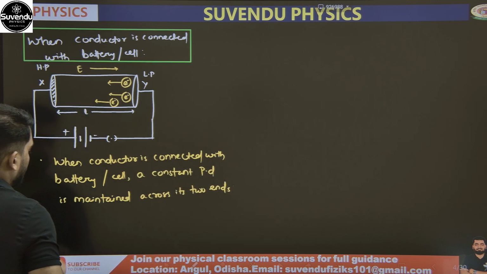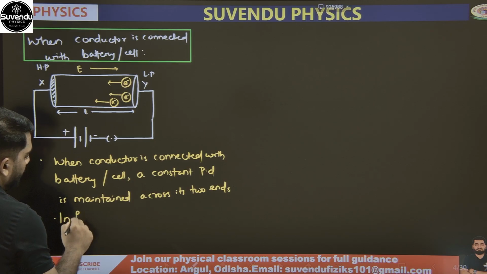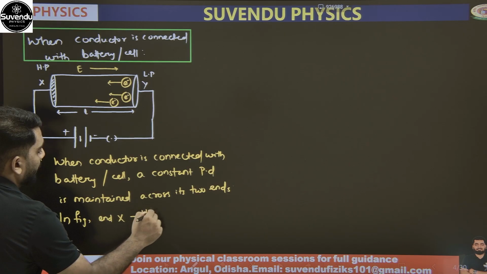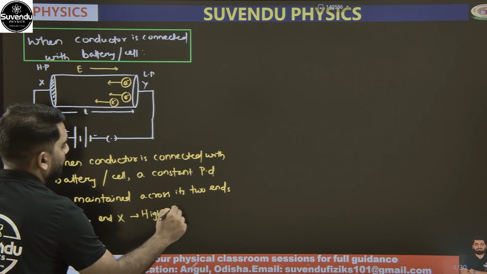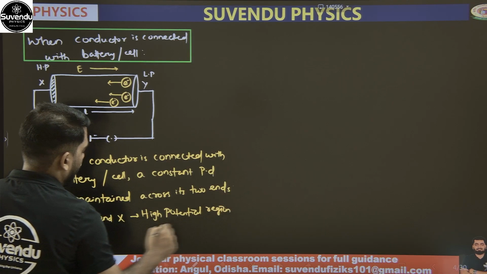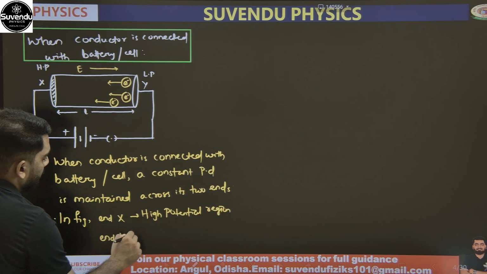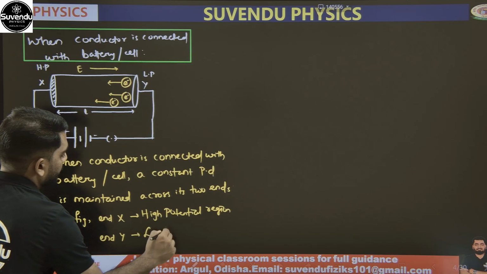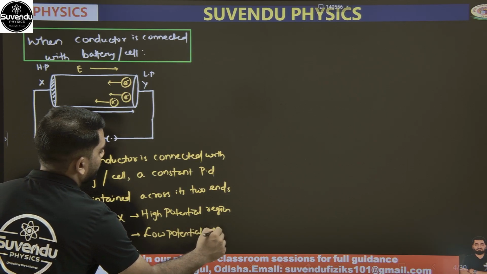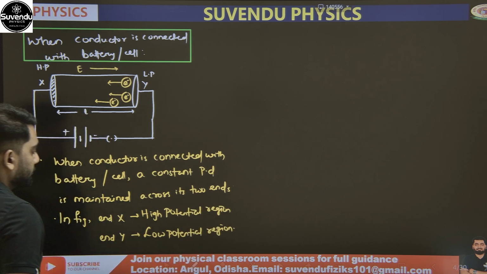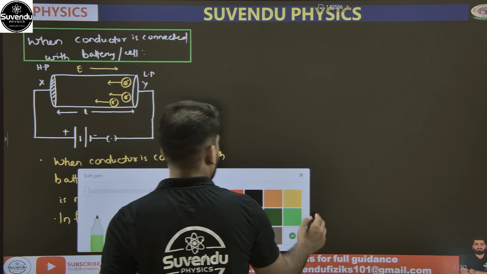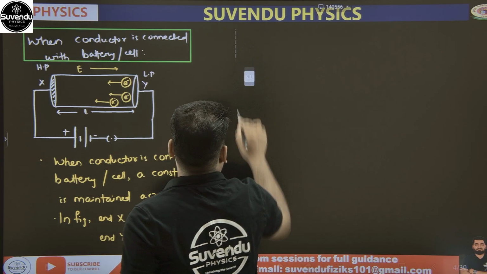Ready? So in figure, end X is our high potential region. And end Y, this is our low potential region. Okay, is that clear to all of you? Yes. So what will happen? Due to this region, an electric field is established.